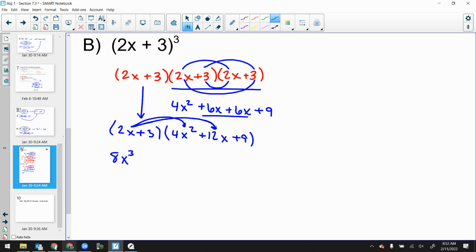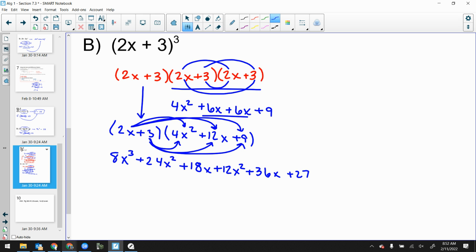We have 2x times 12x, which is 24x squared. 2x times 9 is 18x. 3 times 4x squared, 12x squared. 3 times 12x, 36x. 3 times 9, 27.